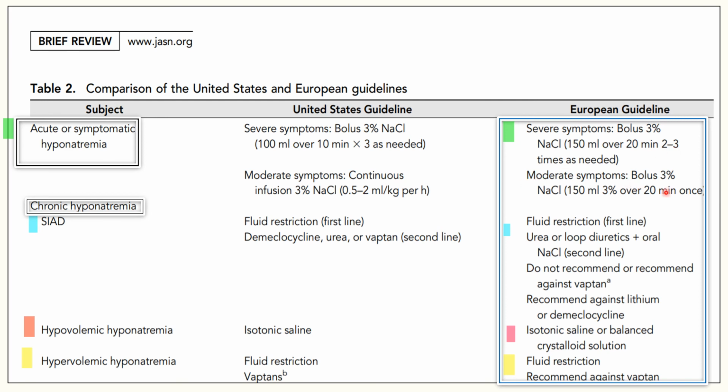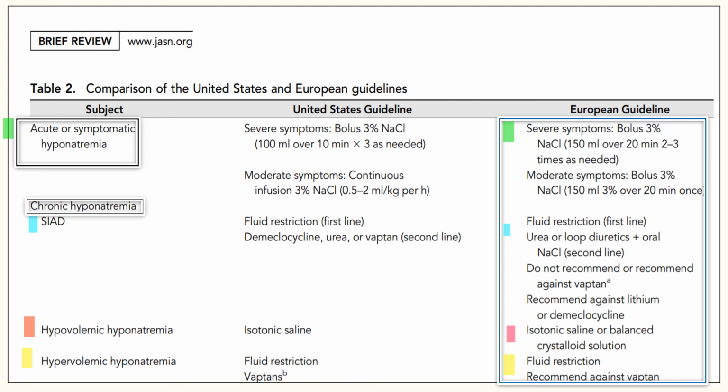And then in moderate symptoms you can give one bolus, and you can look here for yourself. This is for chronic hyponatremia in SIADH and hypovolemic hyponatremia and hypervolemic hyponatremia. So this is the treatment.